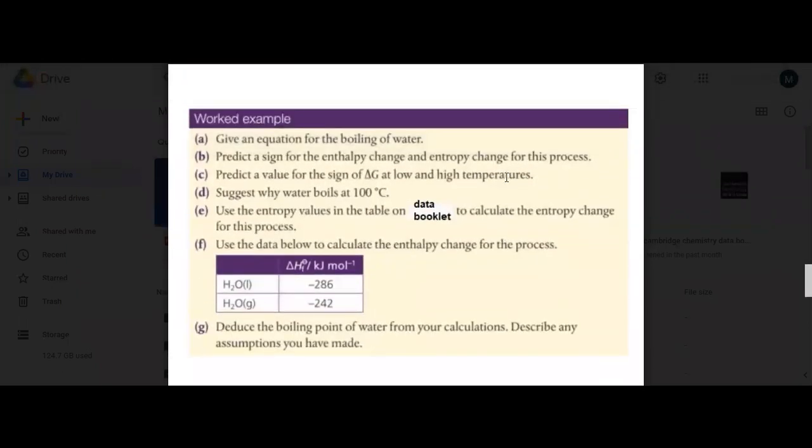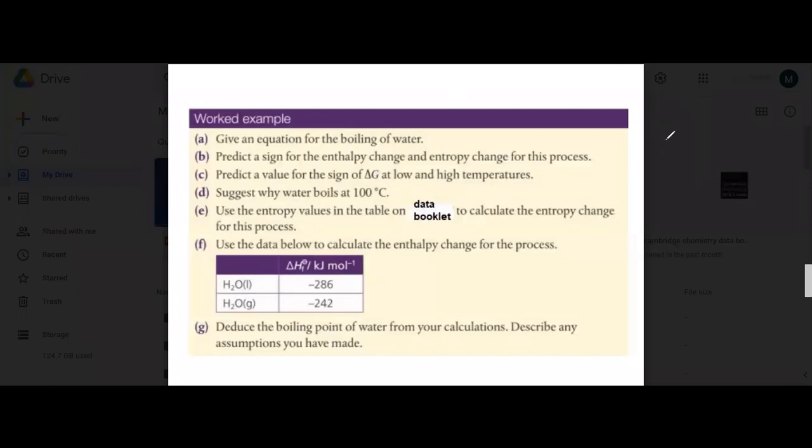Okay, now let's look once again at this question. For entropy, I forgot that it is not in your data booklet, but it actually appears in every question, for the entropy change.